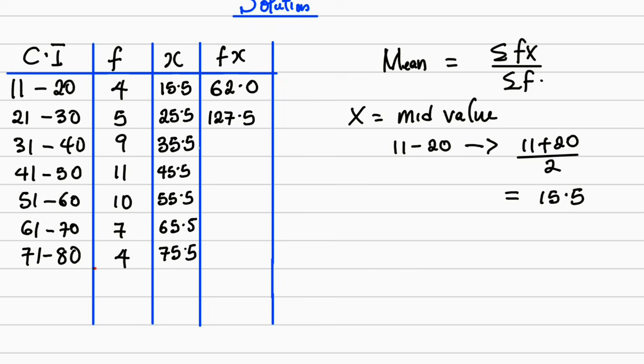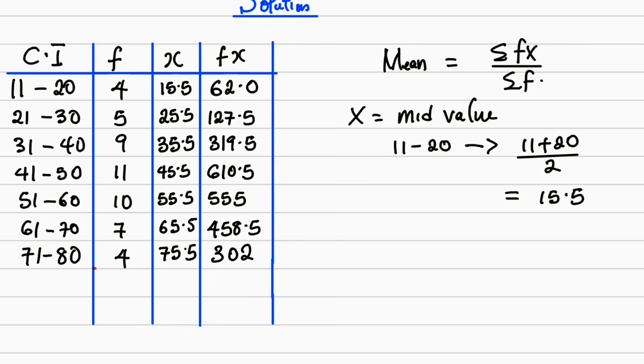Then 9 times 35.5 is 319.5. You continue to do it and you will get your answers as below. Here we have 458.5, and the last one will be 302. So we have what we need as far as fx is concerned.